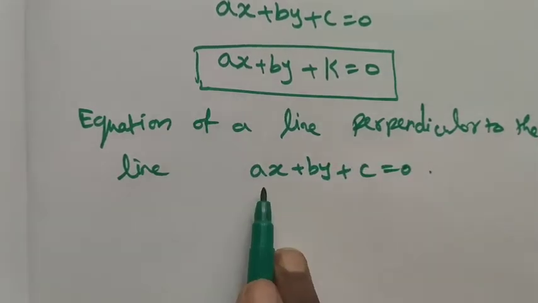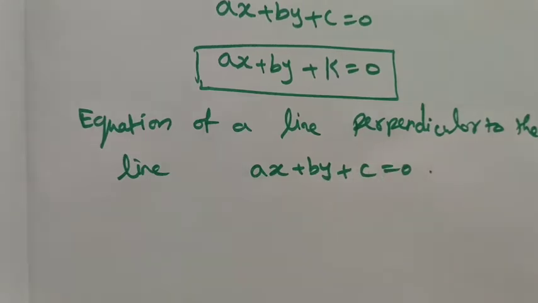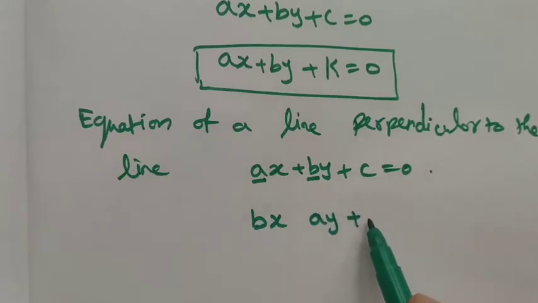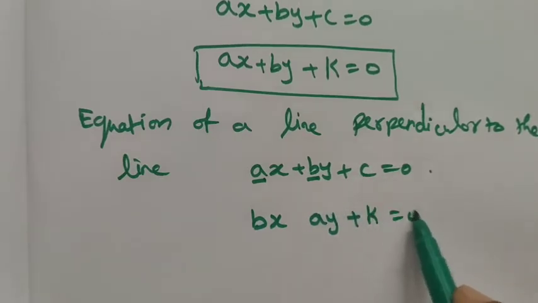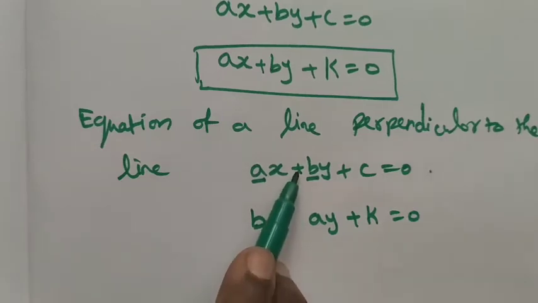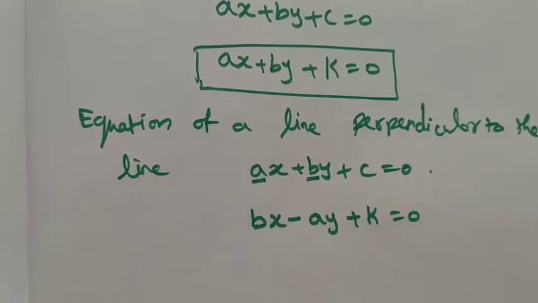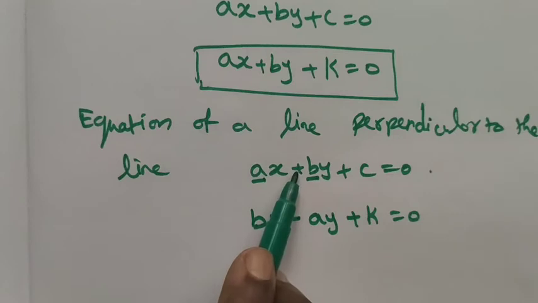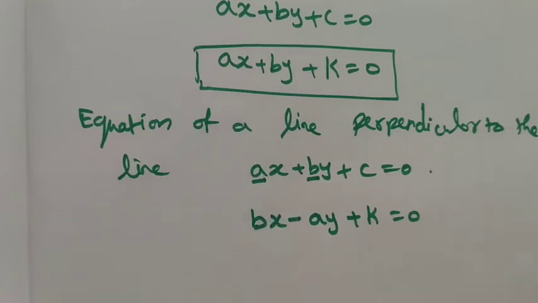To find the perpendicular, we have to interchange the coefficients of x and y, and we also have to change the constant term. So with the coefficients interchanged we have bx, ay plus k, and where we have a plus symbol, put a negative symbol. If it is a minus symbol, put a plus symbol.